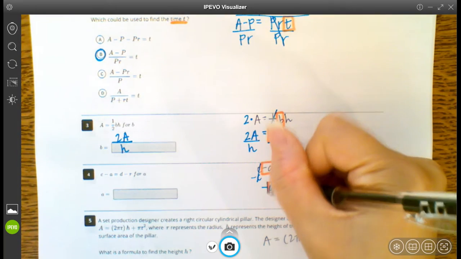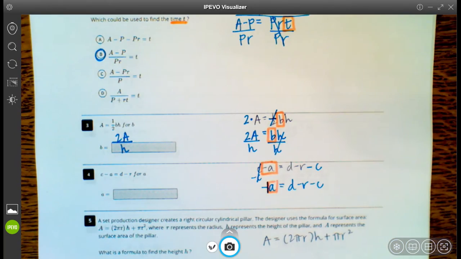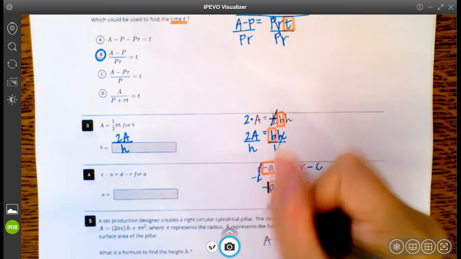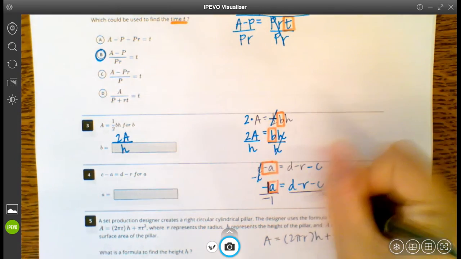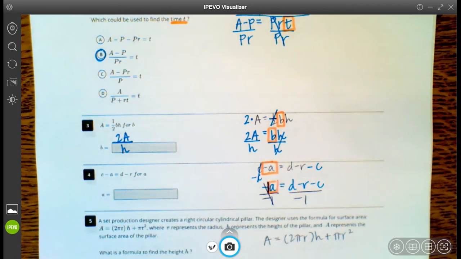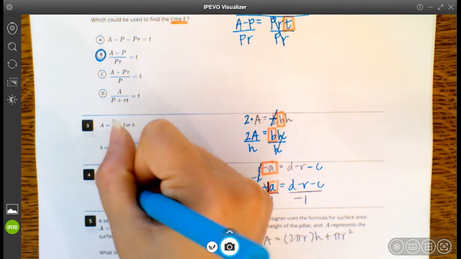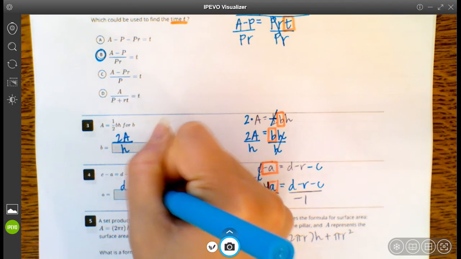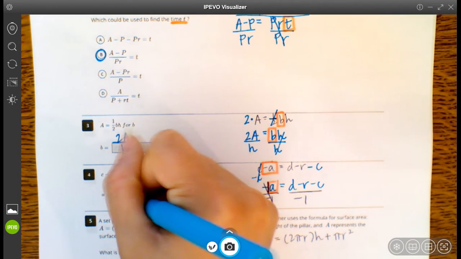It is a negative 1a, which means to undo this number sitting directly beside a, we must divide by negative 1.